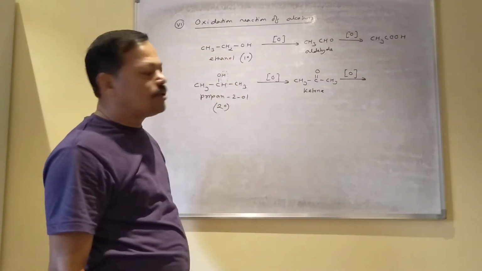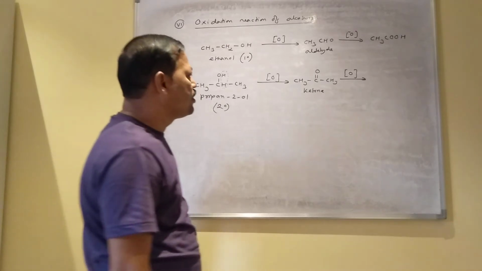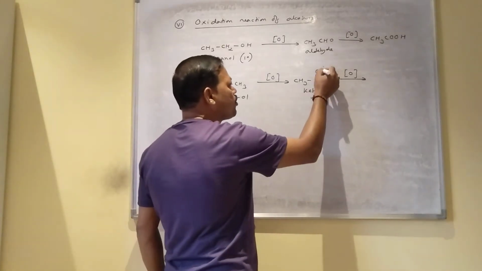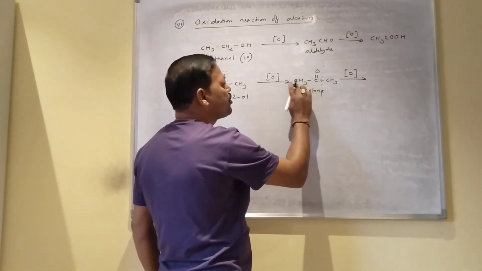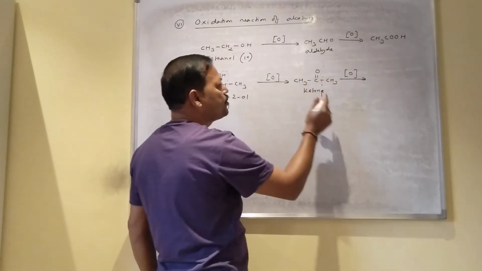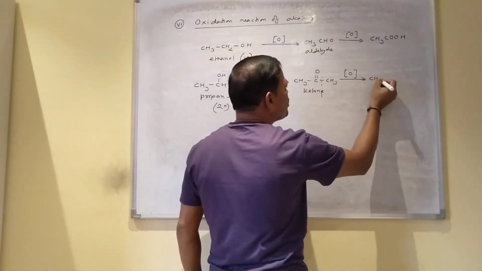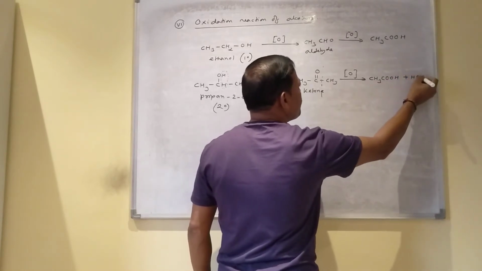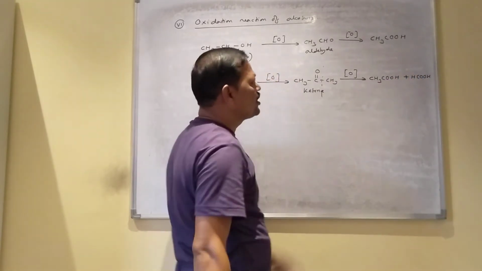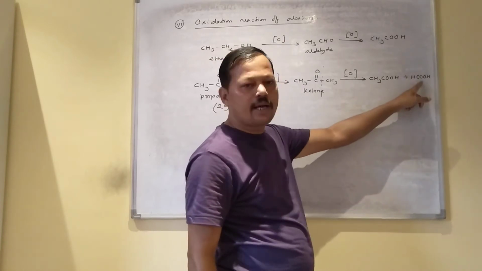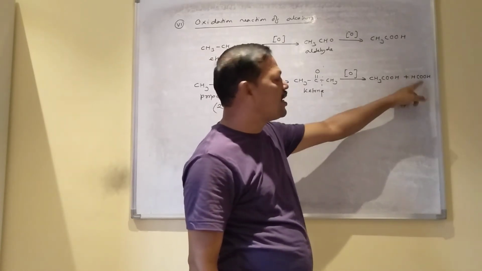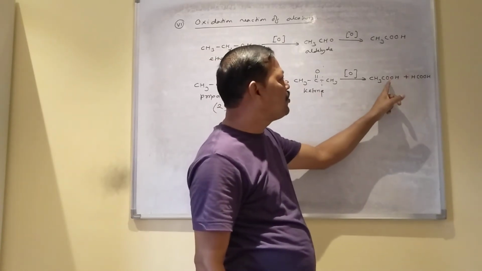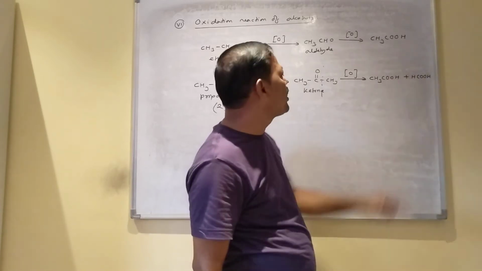In the case of ketone, when you oxidize it, the compound will always break in this position. This side contains 2 carbons, this side contains 1 carbon. So you will get a 2-carbon carboxylic acid on this side, and a 1-carbon carboxylic acid on this side. This is called ethanoic acid, this is called methanoic acid. Acetic acid and formic acid are the common names, and the IUPAC names are ethanoic acid and methanoic acid.